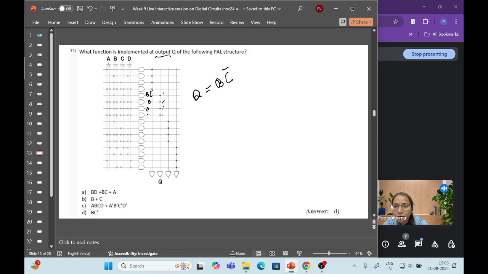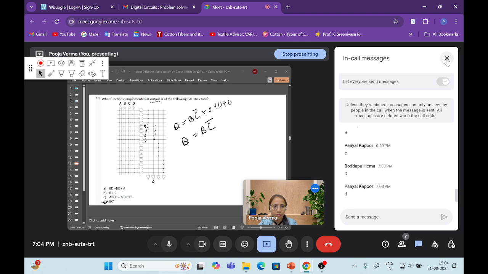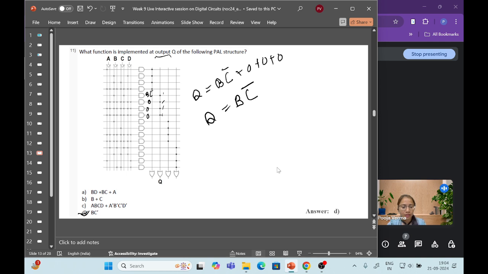Similarly for the next three AND gates, plus 0 plus 0 plus 0. So we will only get B C dash. Q is equal to B C dash. That means option D is the correct answer for this question.